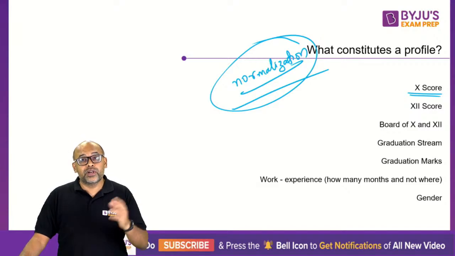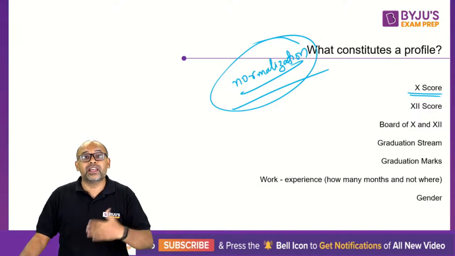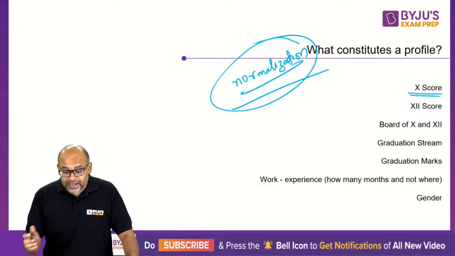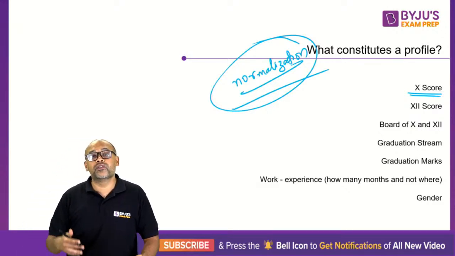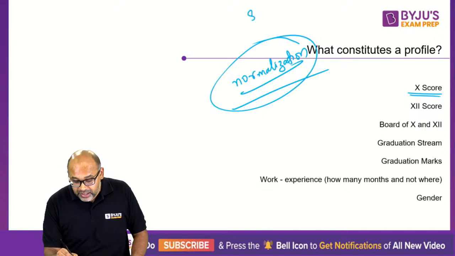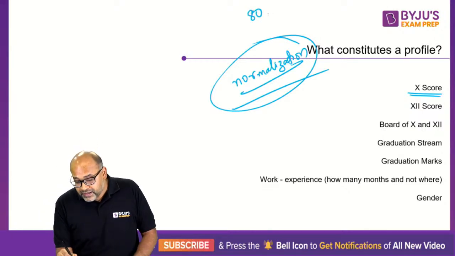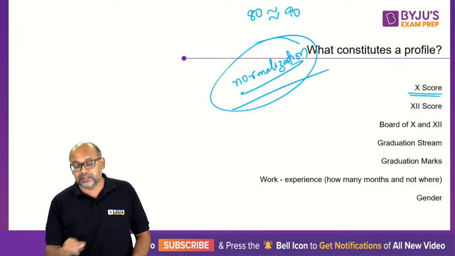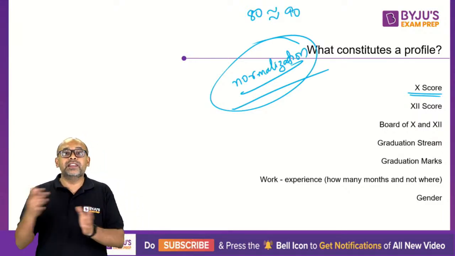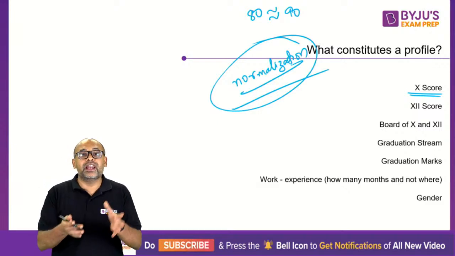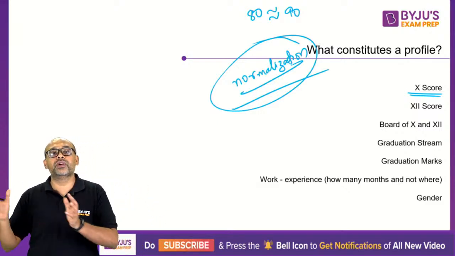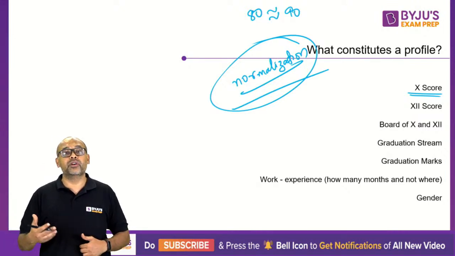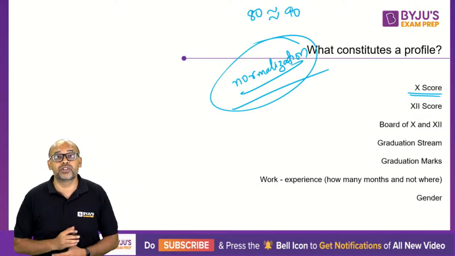So let us say if you are a 10th class student from the West Bengal State Board and you got 80%, it might be considered equivalent to an Andhra or a Telangana student getting 90%. So they will not say 80 is equal to 80, they will put an 80 student here equivalent to a 90 student here, because it all depends on how the board behaves or awards marks to the students.